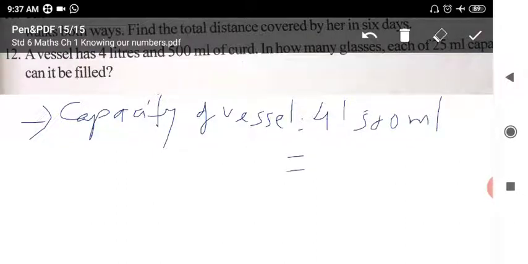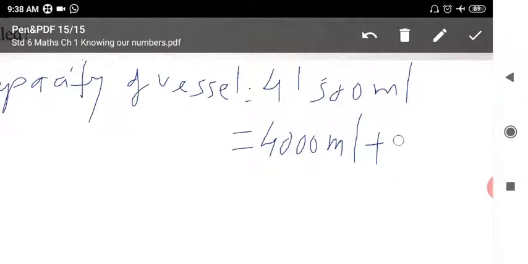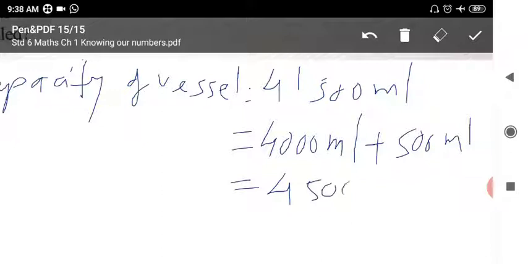Okay, 4 liter means 4 into 1000. 1 liter means 1000, 2 liter means 2000, 4 liter means 4000 ml. Plus 500 is already in ml. So just like before, we will do addition. Only 500 we have to add. So we will get the answer here, 4500 ml.